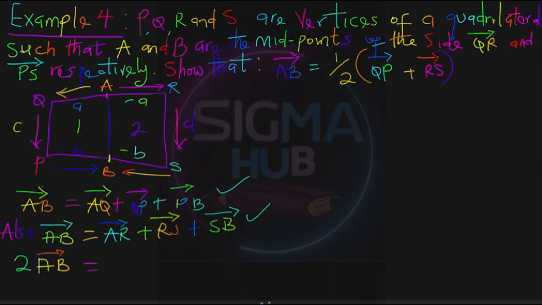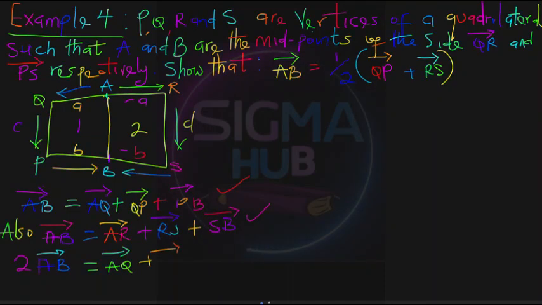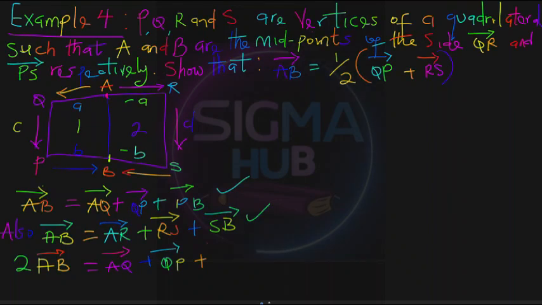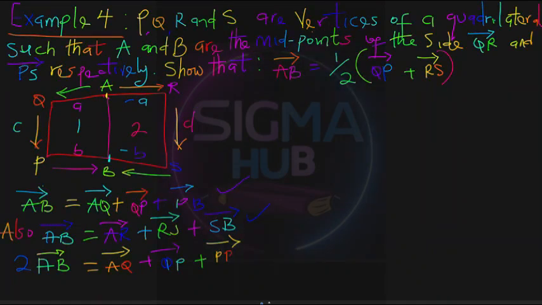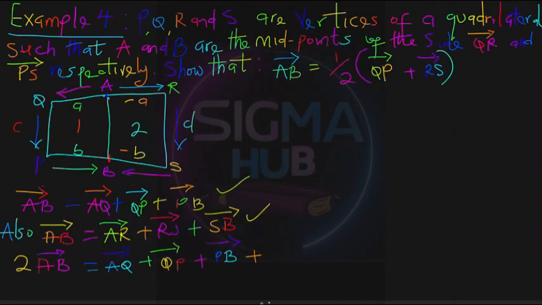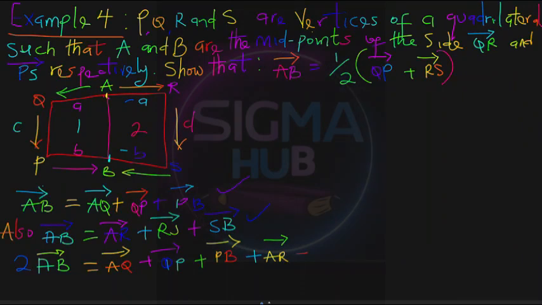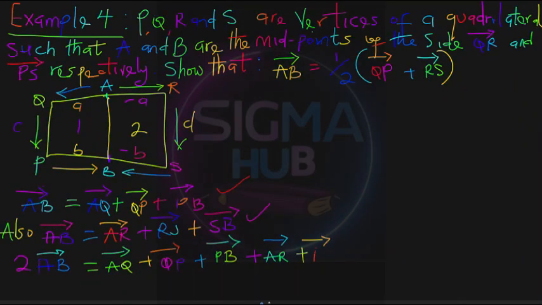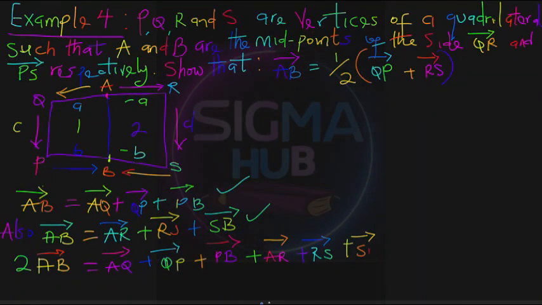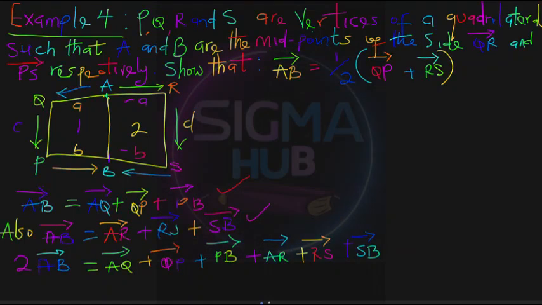So it is AQ plus QP plus PB, then plus the second one, AR, then plus RS, then plus SB. So this is the value of 2AB.